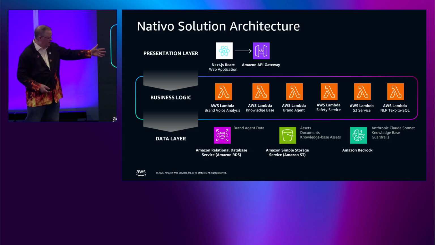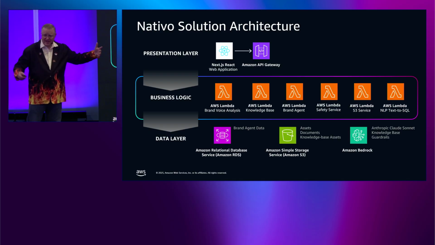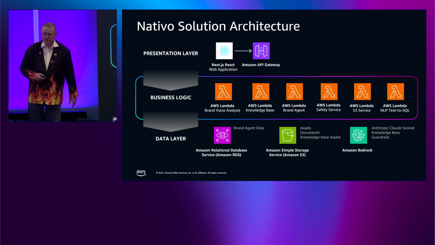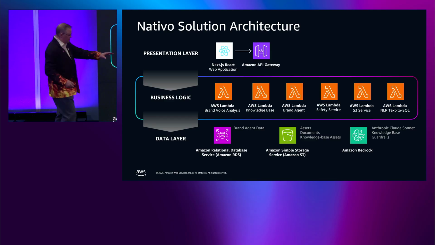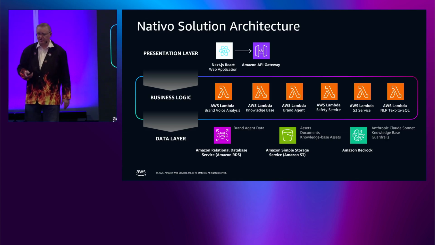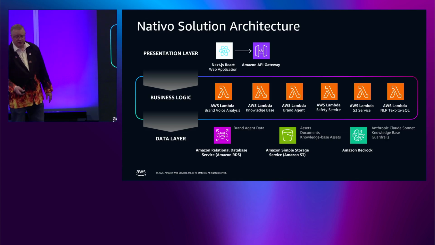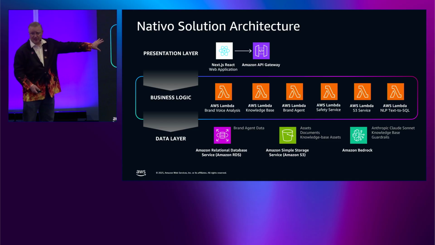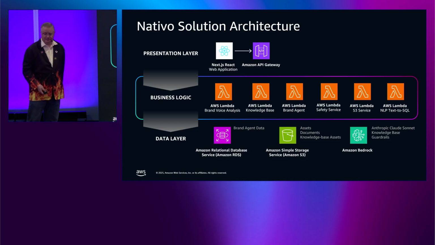Knowledge base: it's a built-in feature of Bedrock to make it enabled and easier. Agent Core could encapsulate much of this, not all of it, and that's an accelerator that we would recommend you use to encapsulate a lot of this stuff to make the heavy lifting even easier.